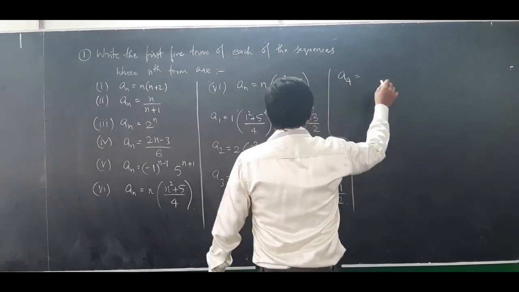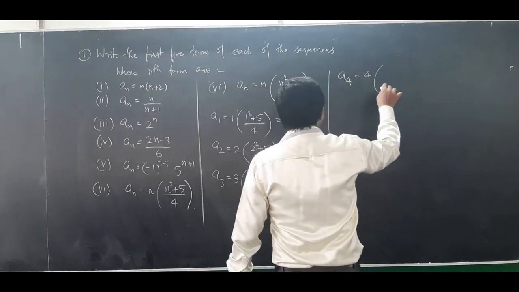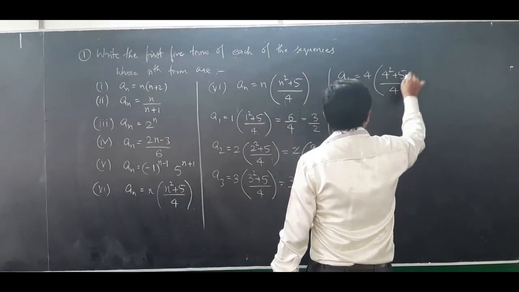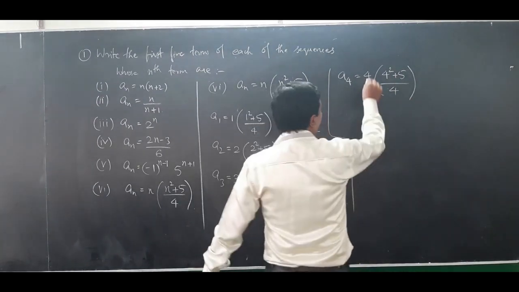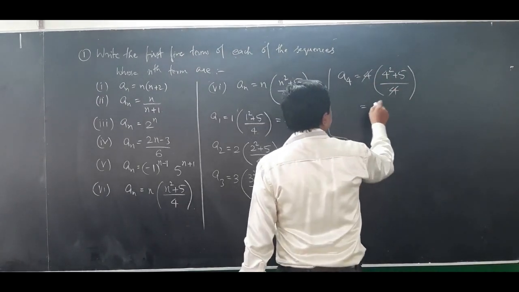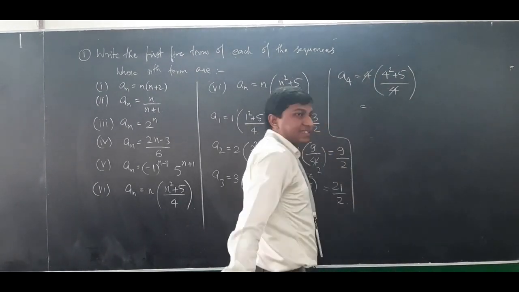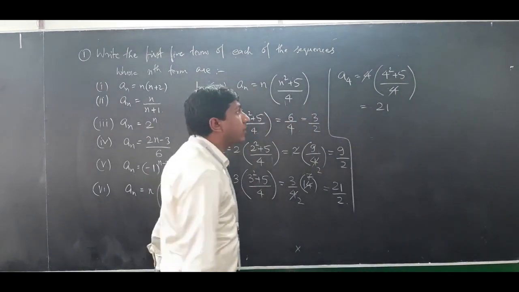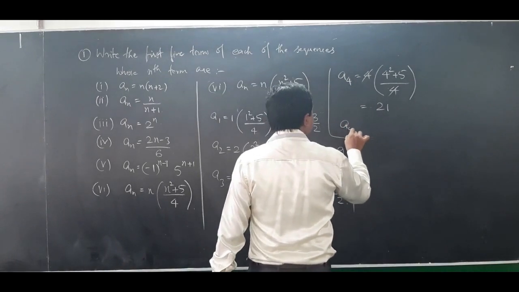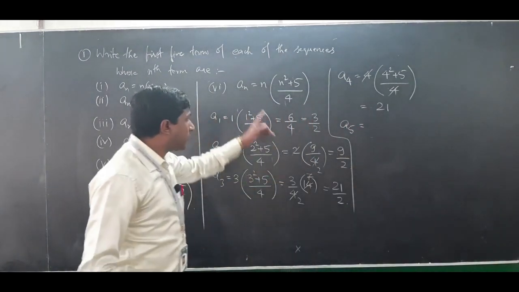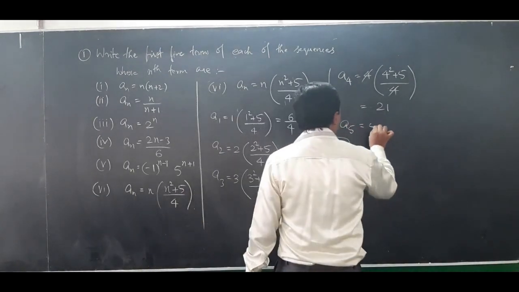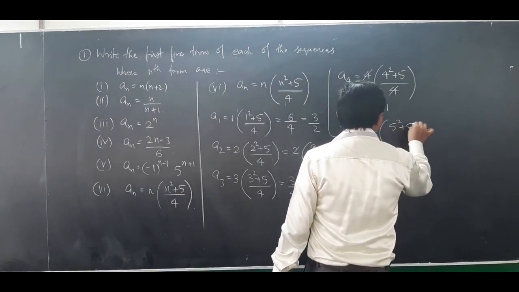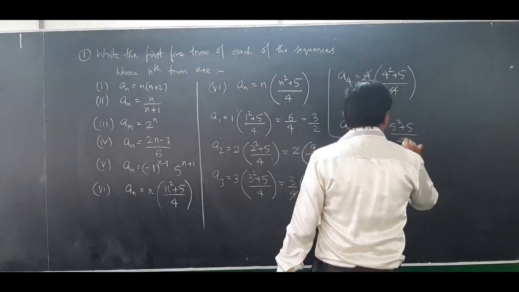Fourth term, a4 is nothing but 4 into 4 square plus 5 by 4. 4 and 4 cancel. We are left with 4 square is 16. 16 plus 5 is 21. The last term, fifth term, okay, that is 5 into 5 square plus 5 by 4.